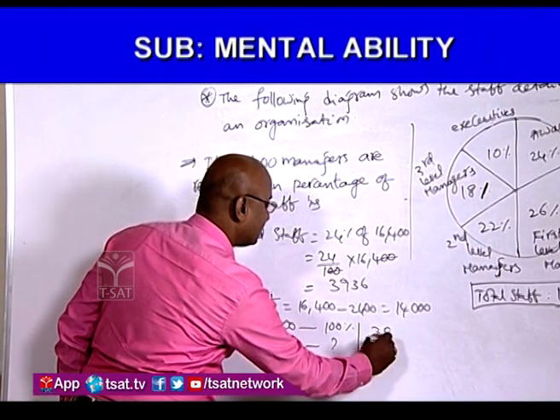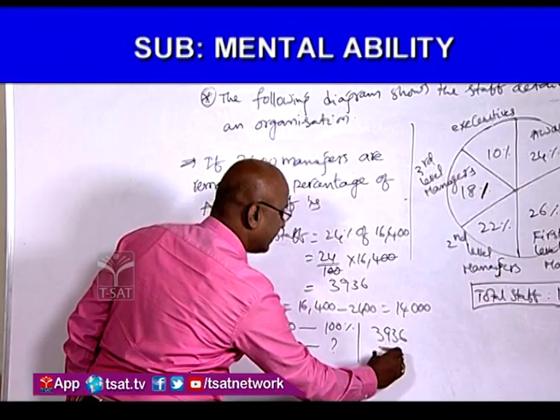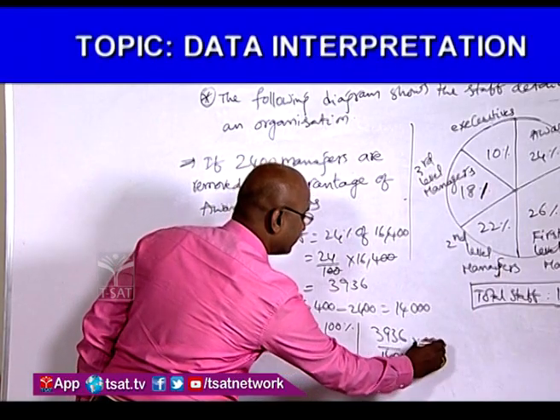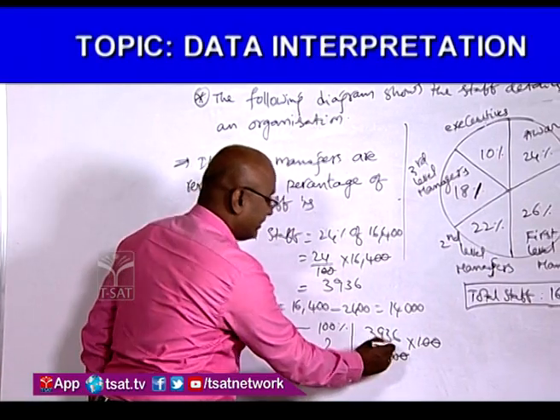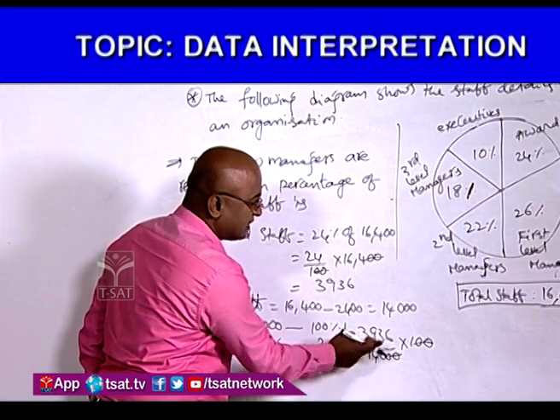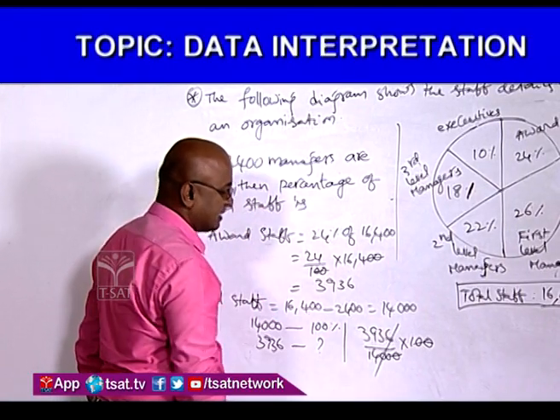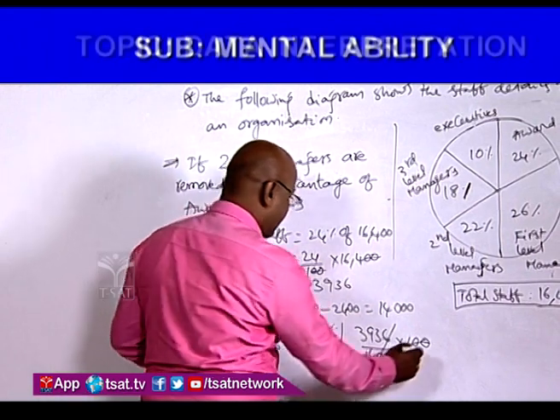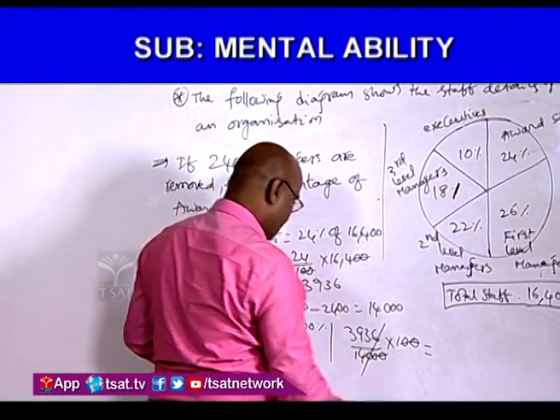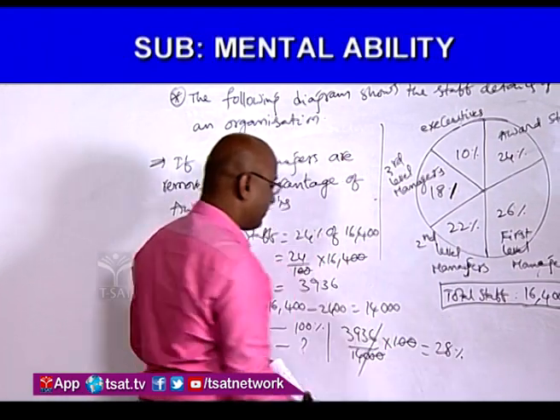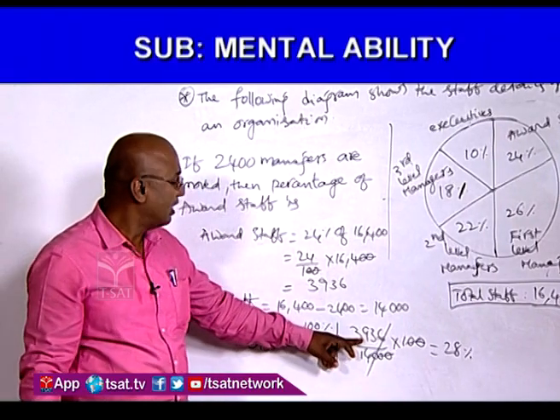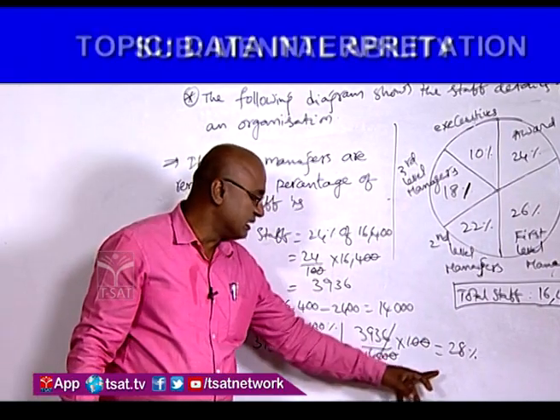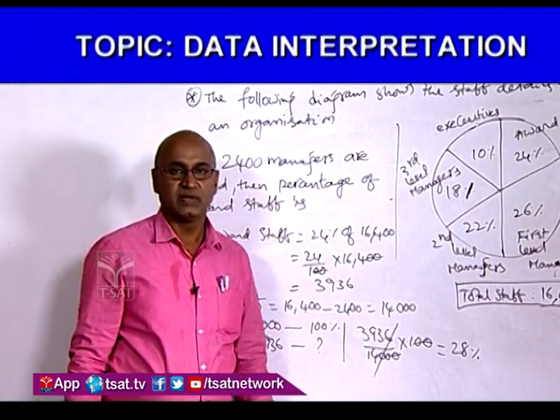So 3,936 by 14,000 into 100, cancelling two zeros. And when it is like this, you make the ones digit 0 and cancel it. Now 393 by 14, that is equal to 28%. So 14 2s are 28. So it is 28%.